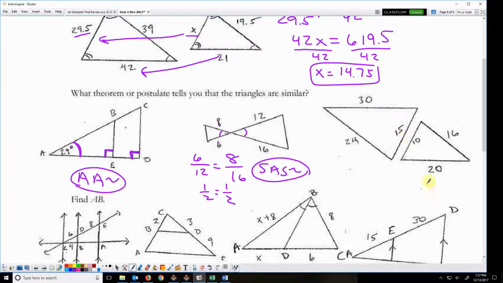For this third one, we'll put shortest over shortest, so that's going to be 10 over 15. Longest over longest is 20 over 30. And the remaining sides are 16 over 24.